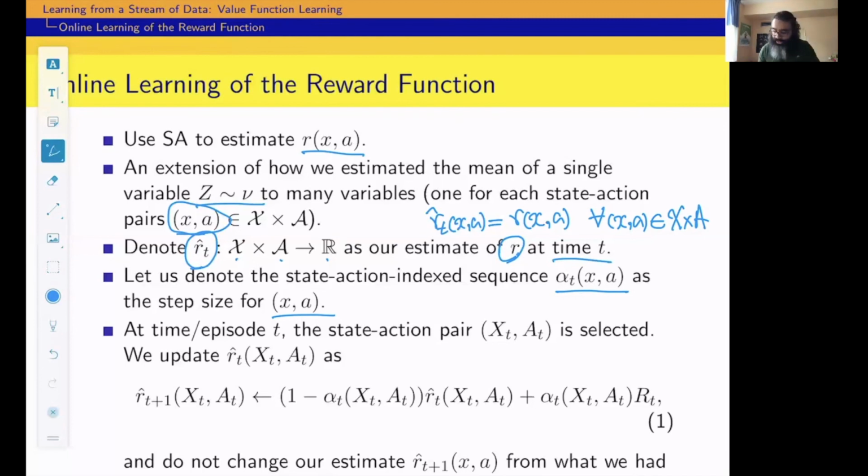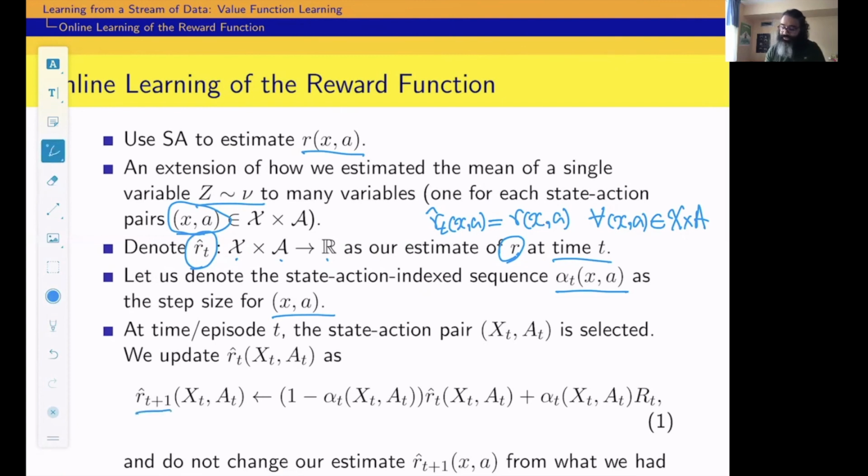Okay, and then how can we update it? I can use the same update as before, where theta t plus 1 is equal to 1 minus alpha times theta t, plus alpha t times z of t, the observation. Here we get something similar.